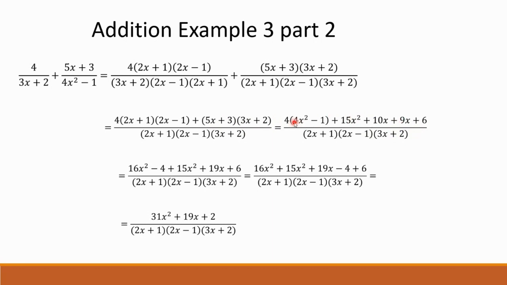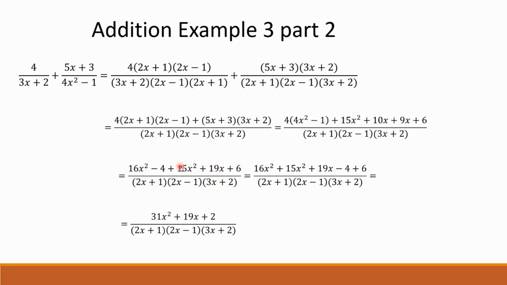And if we do 4 times this difference, that's the same as 16x squared minus 4. So now we have all this in the numerator. So what do we do? We combine like terms. Although I did that up here, we had 10x and 9x, right? So that's 19x.